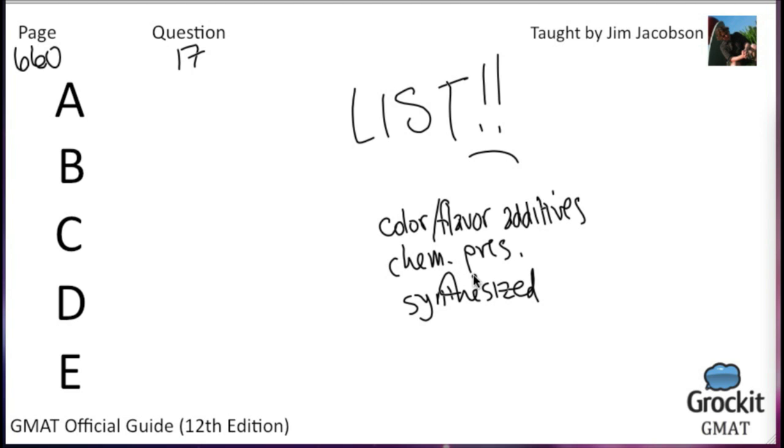So one of the issues, the underlined portion is just this small bit, or nothing that has been synthesized. Immediately the thing that jumps out at me anyway is that we already have the phrase foods that do not contain. So if we're defining foods as natural that do not contain certain things, it doesn't make sense to use the word nothing then. They do not contain nothing that has been synthesized.